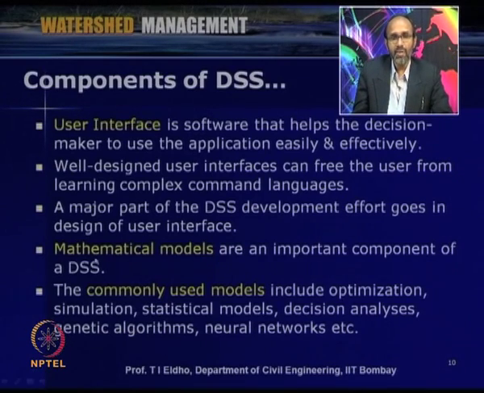And then another important component of the DSS is the mathematical models. Actually, mathematical models are an important component of DSS. As I mentioned, it can be simulation models or optimization models, which help to understand what will happen within the system if particular scenarios or a particular plan is implemented.